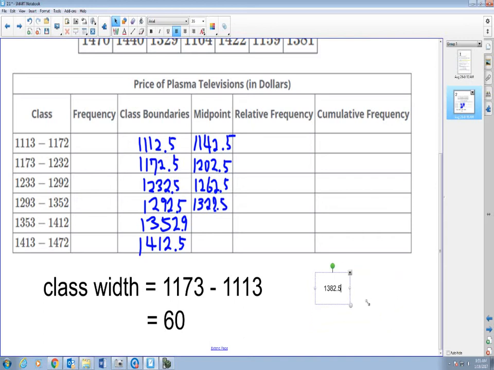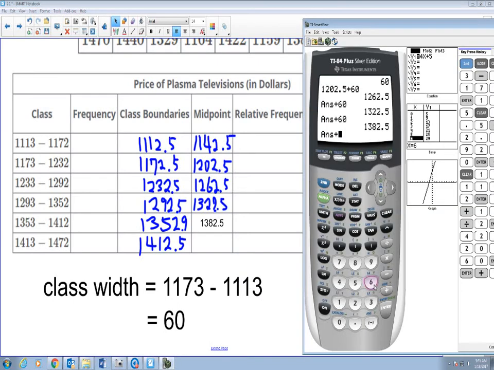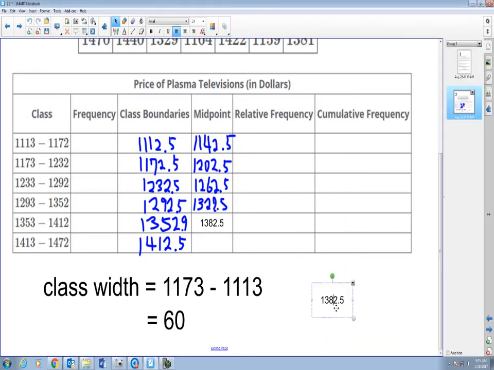I'm gonna make it smaller, maybe look a little bit prettier. Alright, that goes right there. Alright, add 60 again. Let's see what I get. 1442.5. Okay, put it right there.